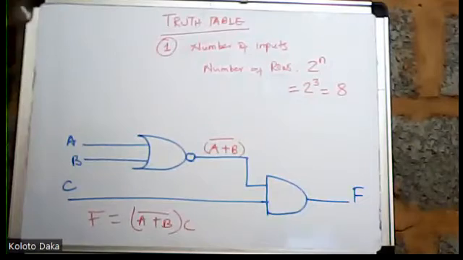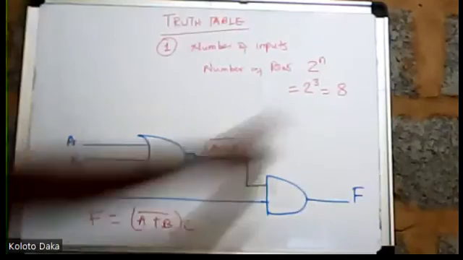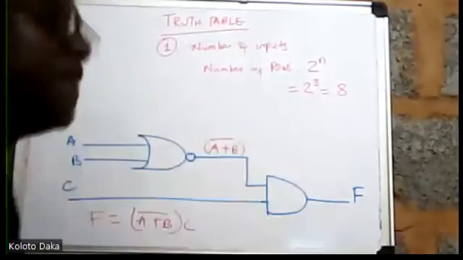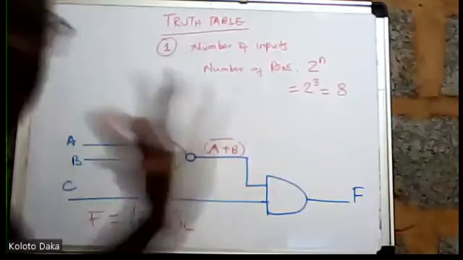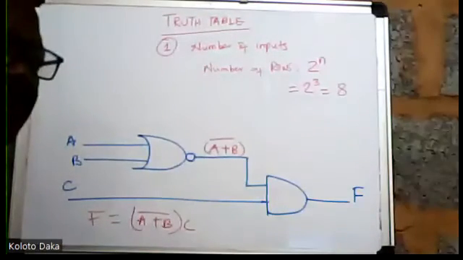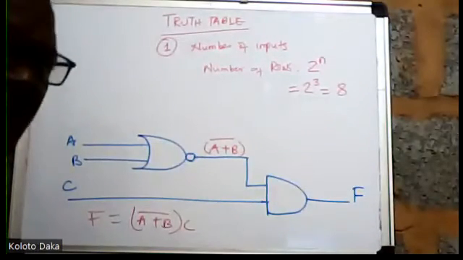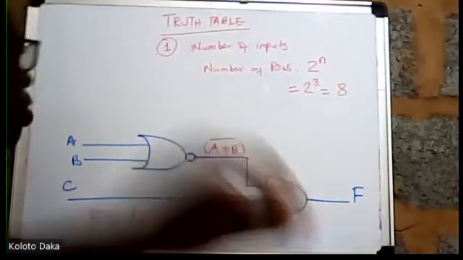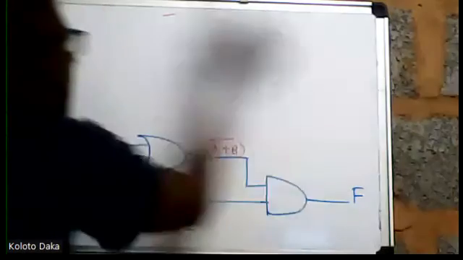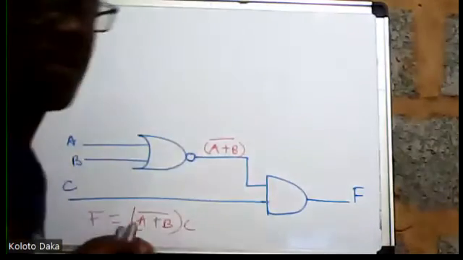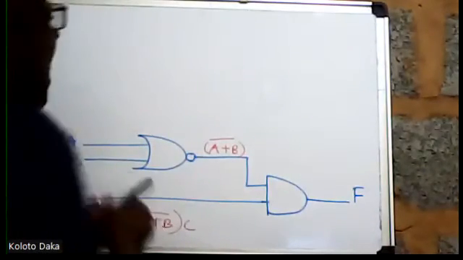So our table is going to have 8 rows, meaning there are 8 possibilities. So we draw the 8 possibilities.